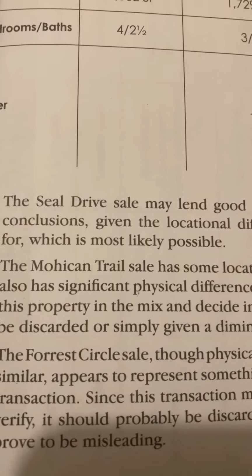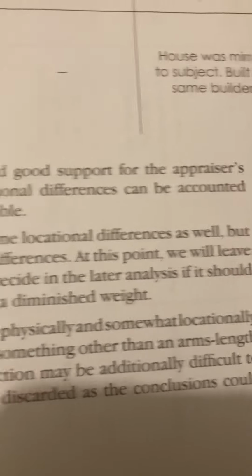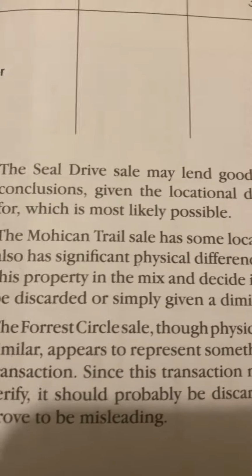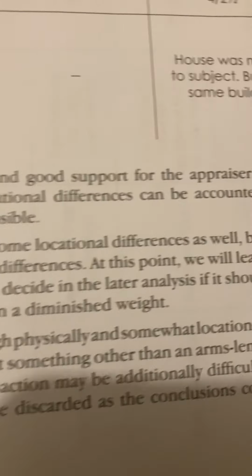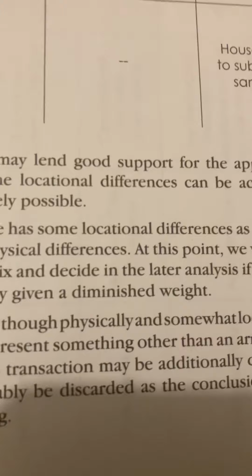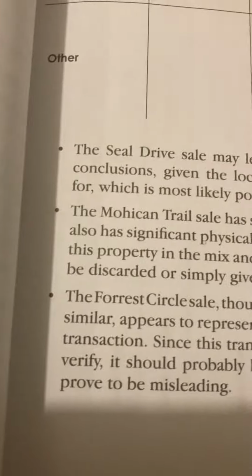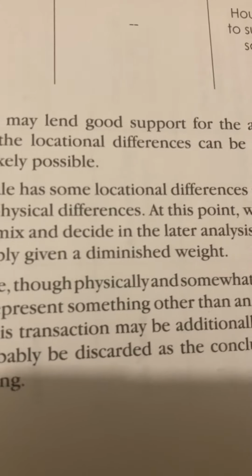The Mohican Trail comp 1 sale has some locational differences as well, but also has significant physical differences. At this point, we will leave this property in the mix and decide in the later analysis if it should be discarded or simply given a diminished weight.